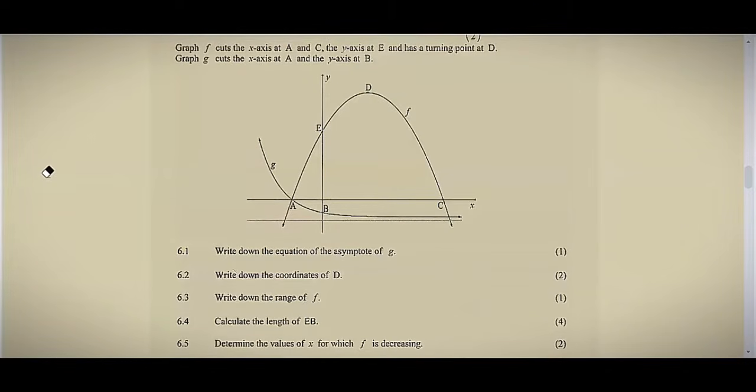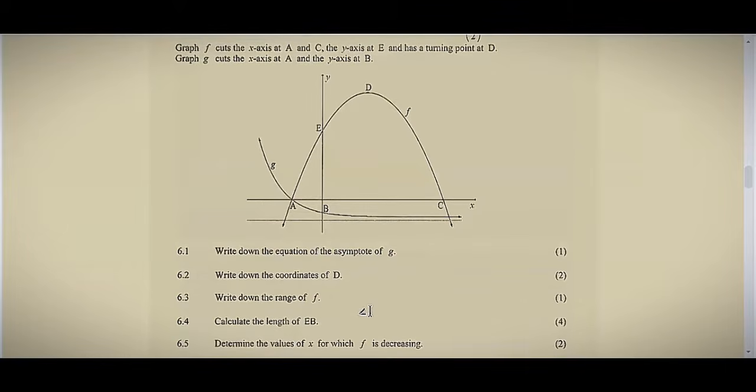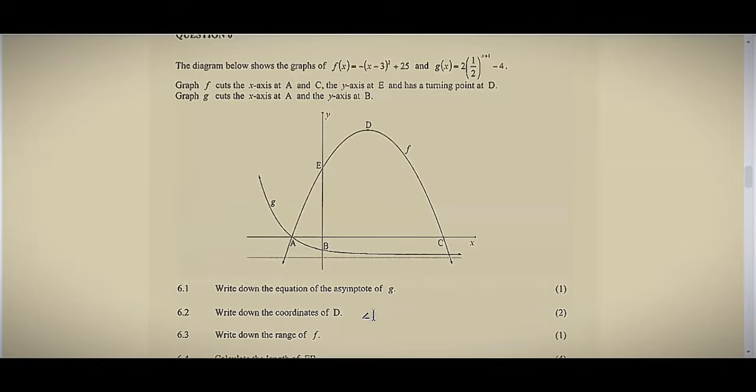First of all, let's try to calculate the y-intercept for E, right? So up there, we are given the equation of f and g. So to calculate the y-intercept, we make x 0.